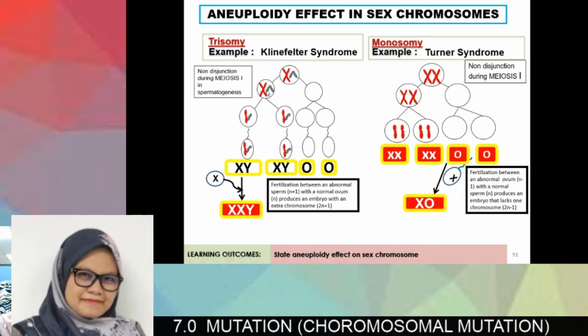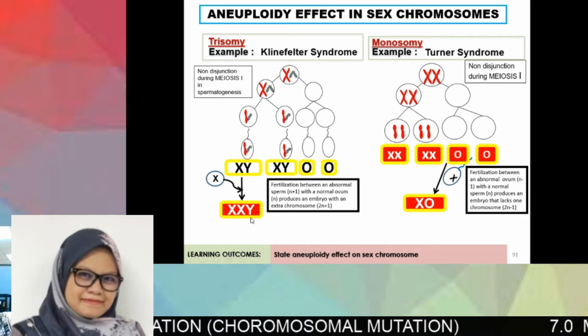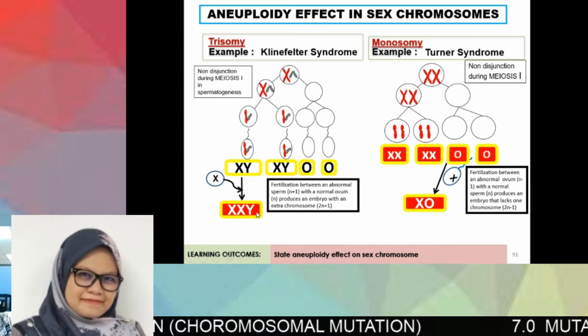Later on, this abnormal sperm fertilized with normal ovum with carry X chromosome. So the individual it will produce individual with XXY sex chromosome. So means the individual akan ada satu kromosom seks yang ekstra.